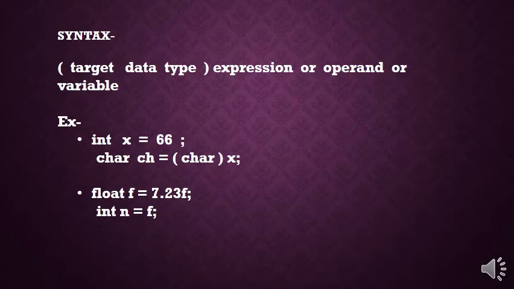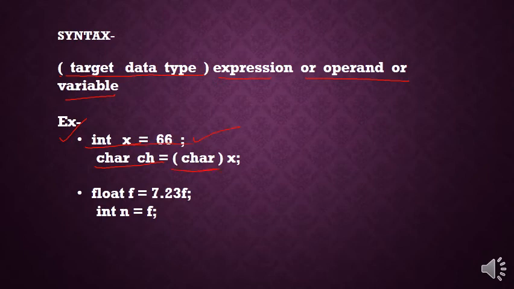Next is, children, here is a rule how we can perform the explicit type conversion. So the rule is what? Inside the parenthesis write the target data type. Target data type means the data type in which you want to convert, and then write expression or operand or a variable. For example, here if you want to convert the integer data type into a character data type, so first you write your integer data type, then here you write what?